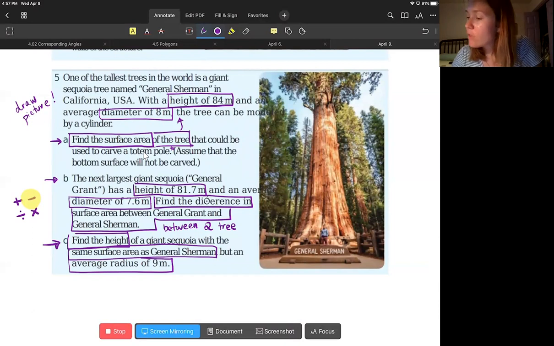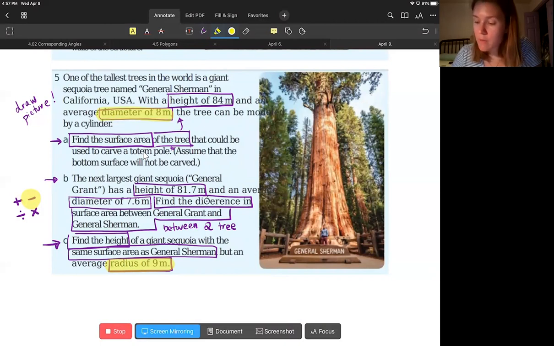Okay, be mindful of the difference that we've just seen here. With General Sherman, it has a diameter of 8 meters. With this new tree, it has a radius of 9 meters. Okay, so notice that it's not both diameter or radius. One is diameter, the other one is radius.